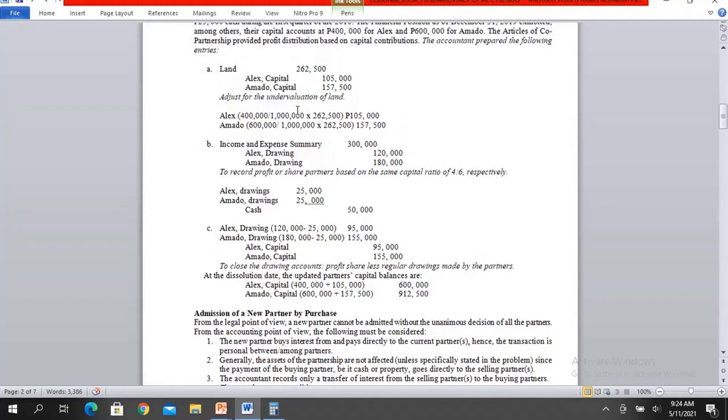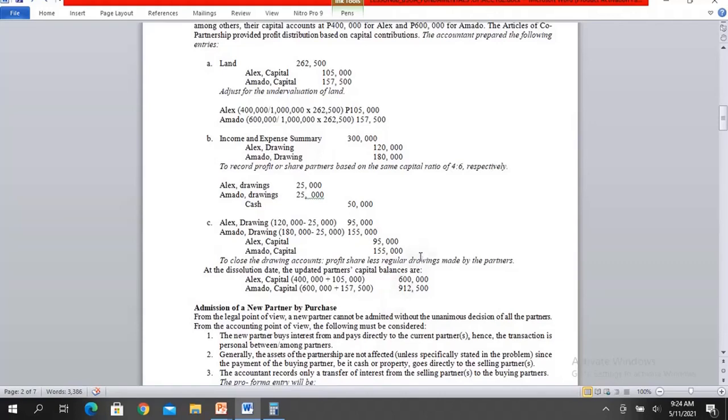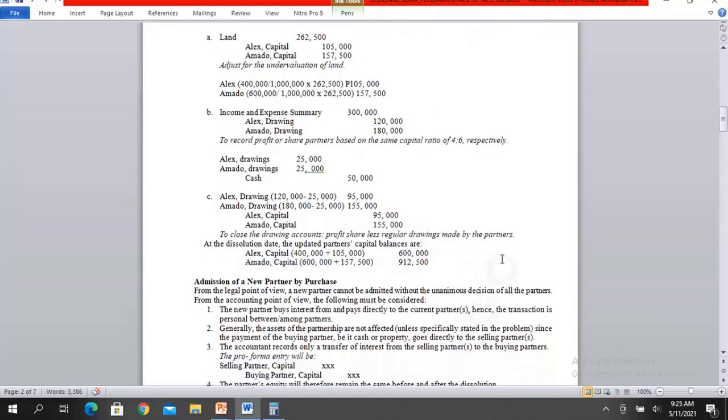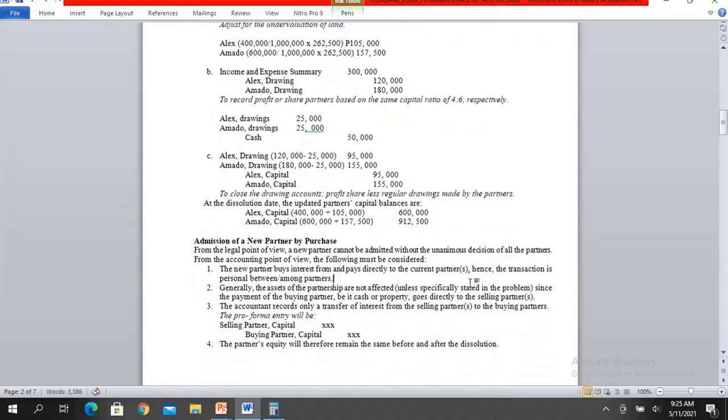Itong A, B, and C na to. So, after the dissolution, ito na yung at the dissolution date, nandito na yung May 31, or December 31, 2019. So, magdi-dissolve na yung partnership. So, ito yung magiging update sa capital contributions ni Amado at saka ni Alex.